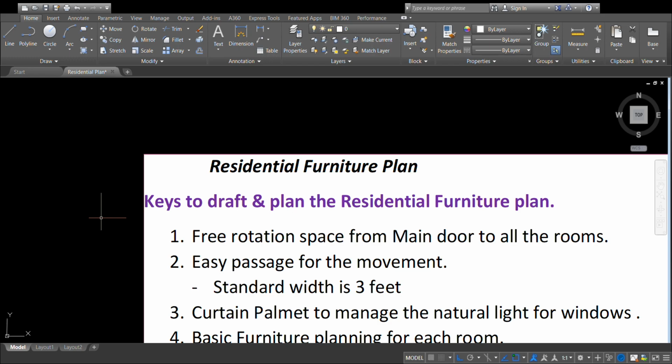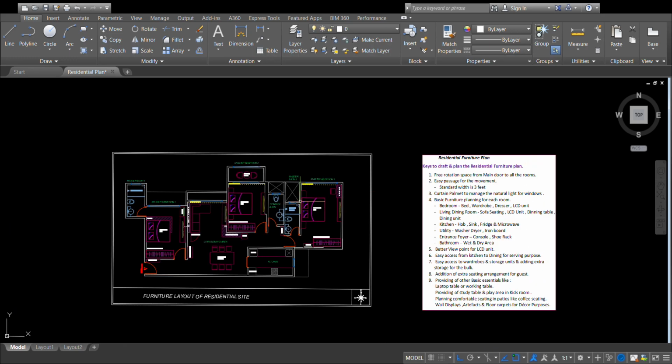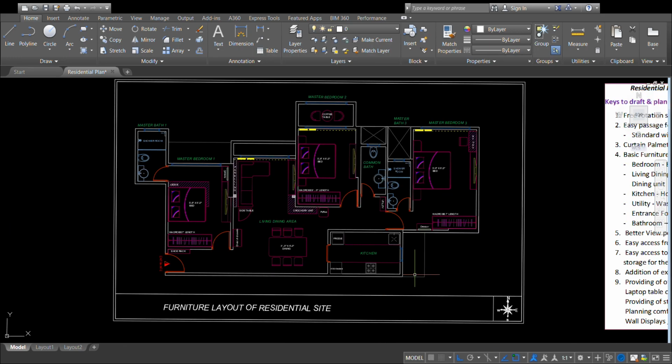So that will of course create a very nice impression of you as an interior designer in front of the client. So let's begin.